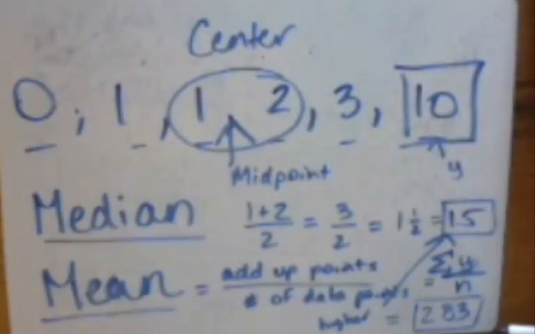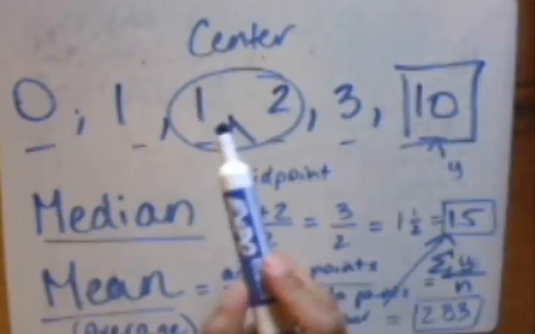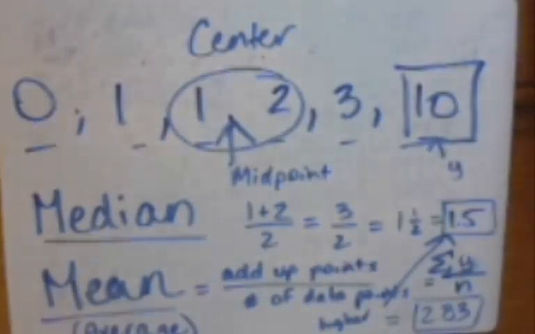This value could be thought of as somewhat of an outlier, and therefore it's pulling the mean, or the average, which are synonyms, higher than our actual middle number.